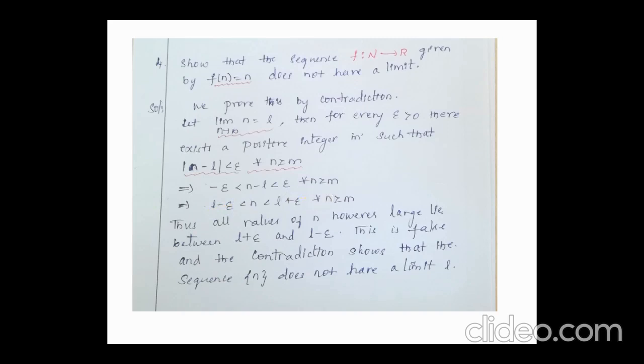This is false, and the contradiction shows the sequence n does not have a limit. So this is a contradiction statement. Okay. Therefore, what we assumed, that this sequence n has a limit L, leads to a contradiction. Therefore this sequence n does not have a limit.